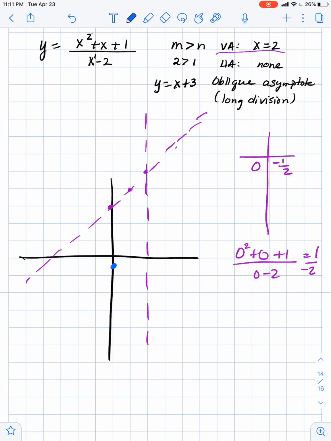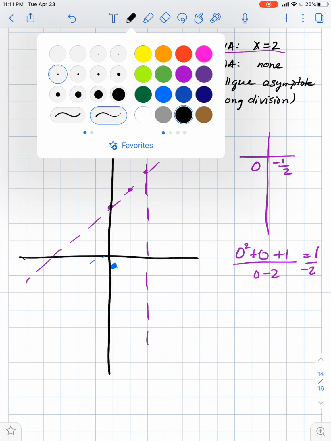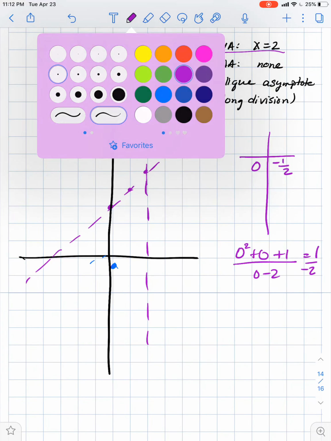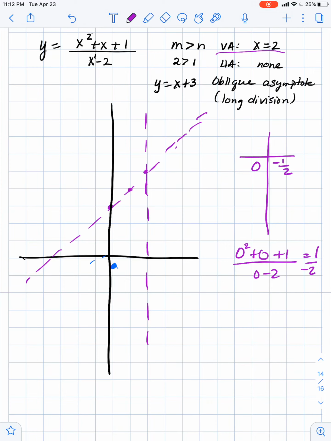So what that means is your graph is going to sit inside here somewhere. Okay, where? Well, that's a good question. So again, what I would do is go in and put another point.